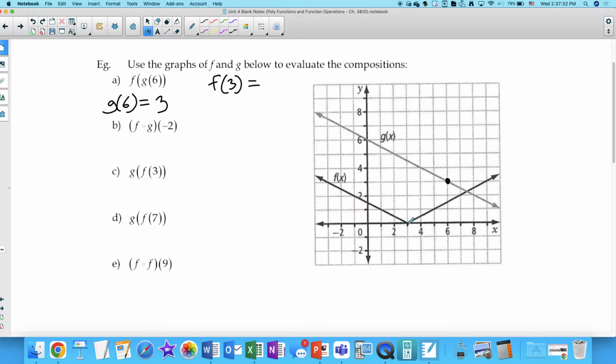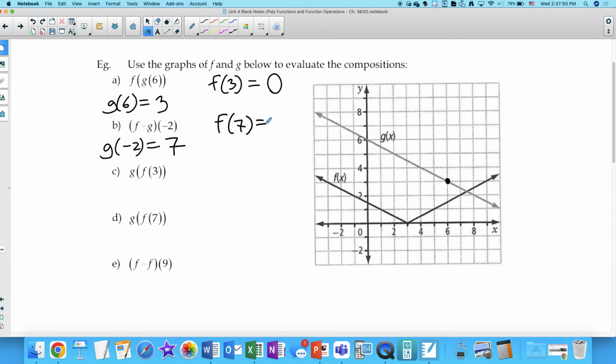Okay. f of g of negative 2. So we want to look at g of negative 2, which is 7. So f of 7 is 2.